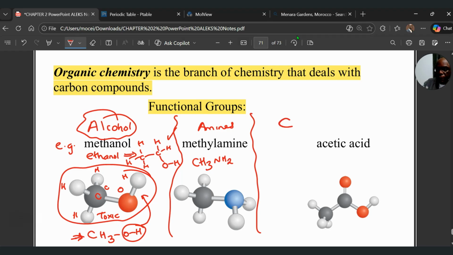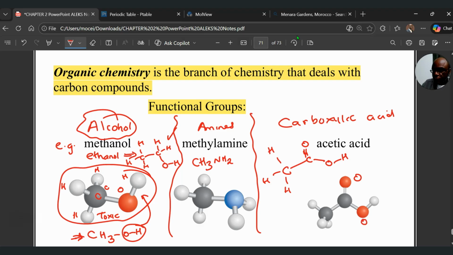Then you also have carboxylic acids, including acetic acid. Acetic acid will have a carbon with 3 hydrogens, and then you're going to have a double bonded oxygen and carbon linked together, and then you have another oxygen, and then you have a hydrogen.